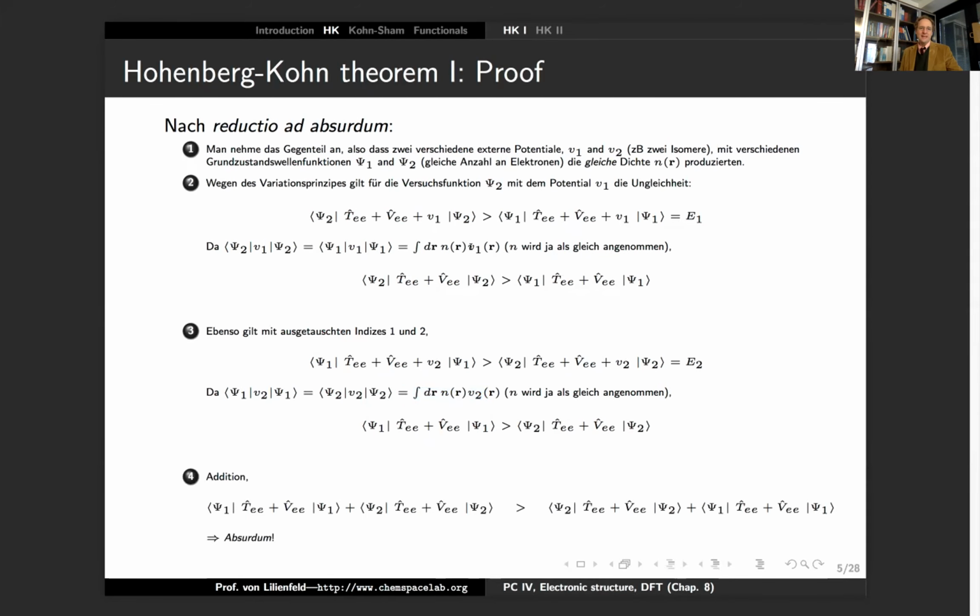Now you add these two inequalities, and you will find this inequality here, where you basically have A plus B being larger than B plus A. And that's obviously not possible. And hence, this original assumption that they can have the same density must be wrong. So they cannot have the same density.